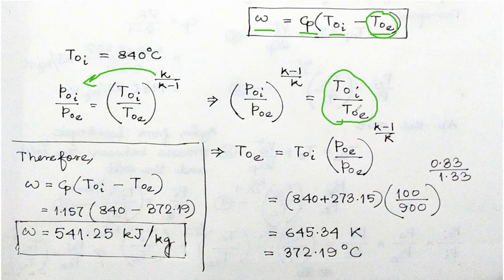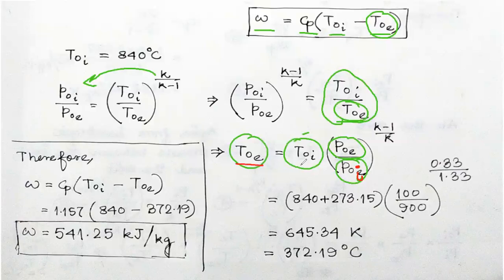Therefore, T0e equals T0i multiplied by P0e divided by P0i. There is a mistake, it will be P0i, remember. Here it will be P0i. So T0e equals T0i multiplied by P0e divided by P0i to the power k minus 1 by k. So all the terms on the right hand side are known.